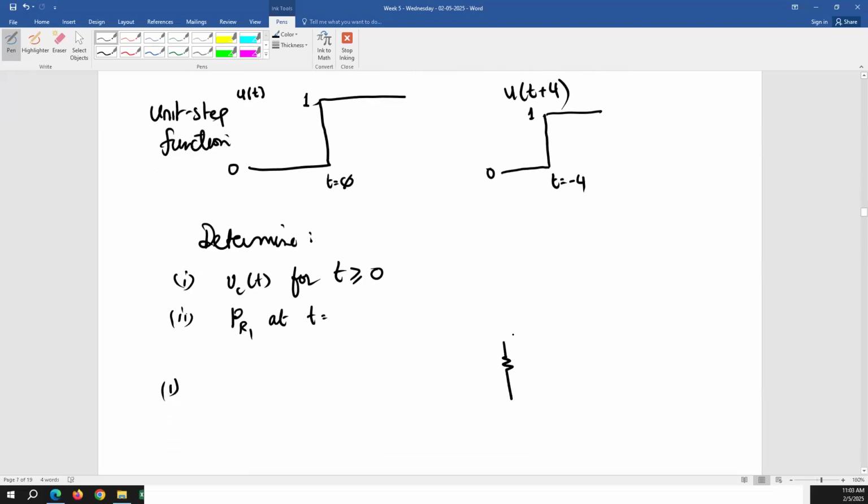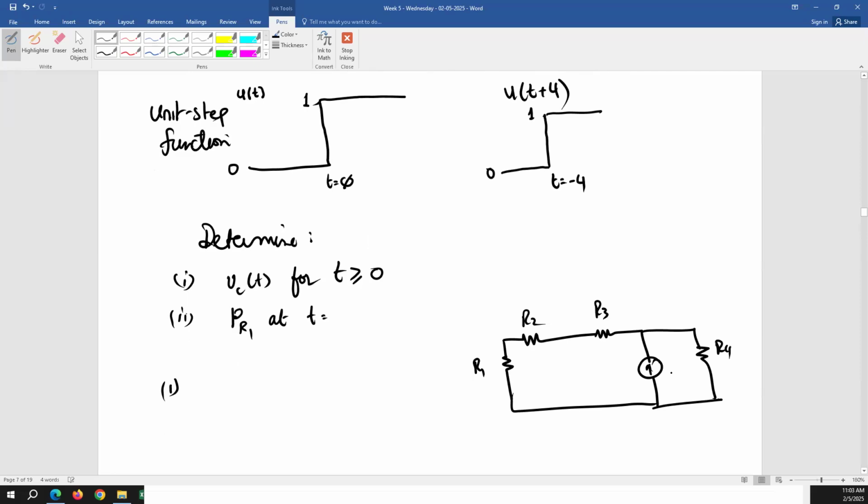Your circuit is going to be simply R1, R2, R3, R4, IS, and this is the voltage you're looking for, VC(0-). Let's call this I1, and let's call this I2.